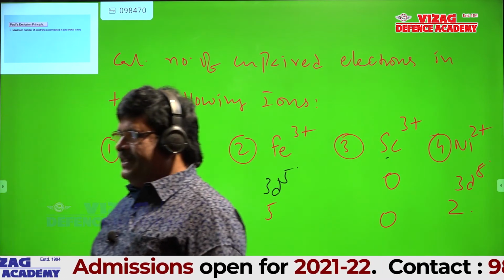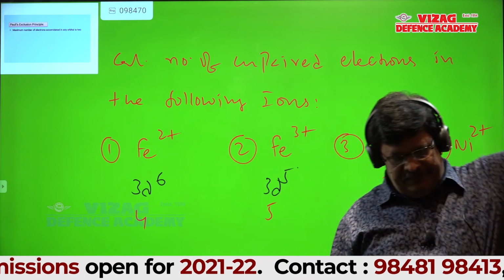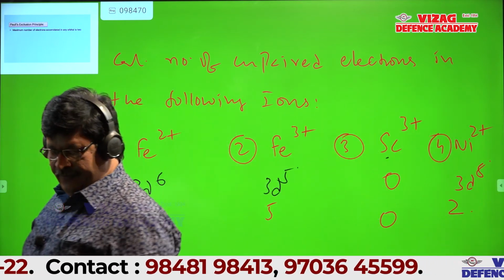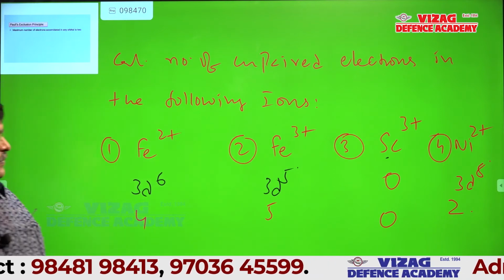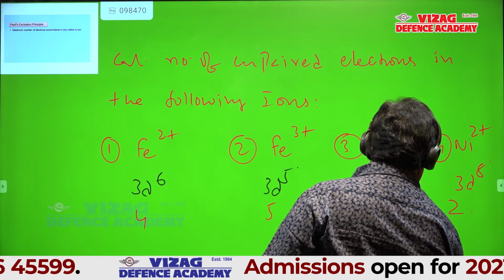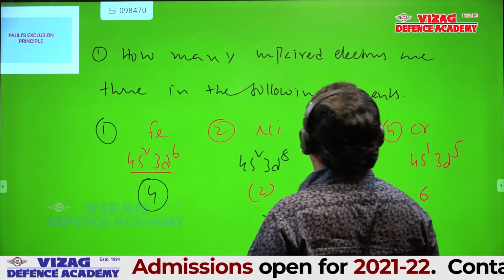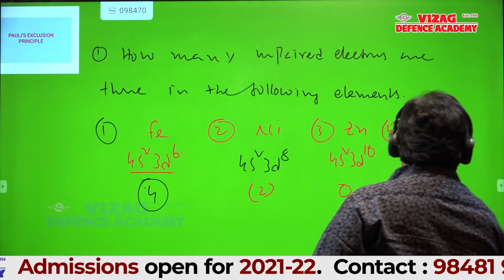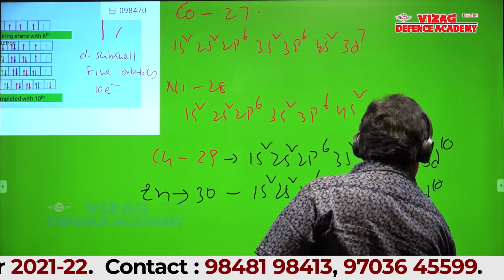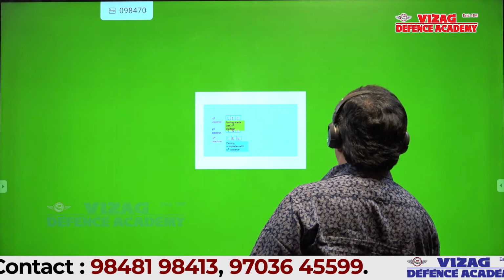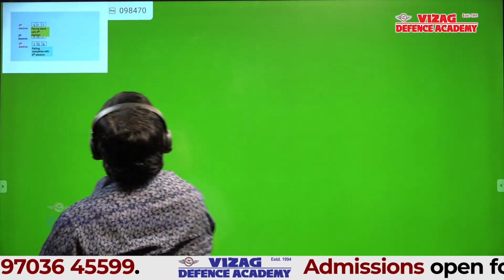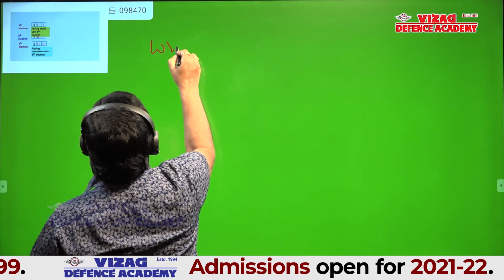Okay, students? Is it okay? Can I give one more question? Gaining electron. Write the electronic configurations of the following.